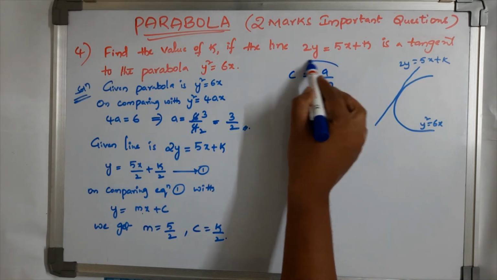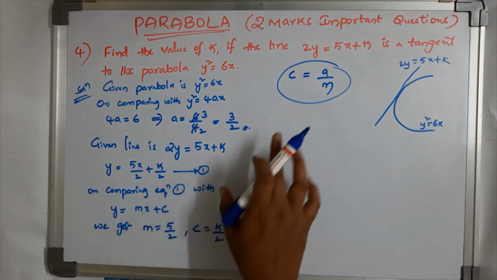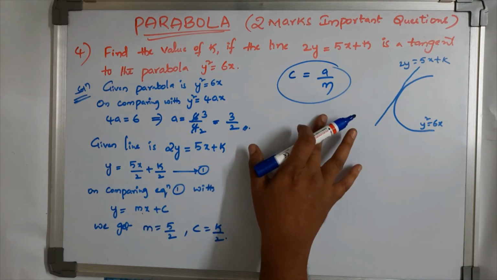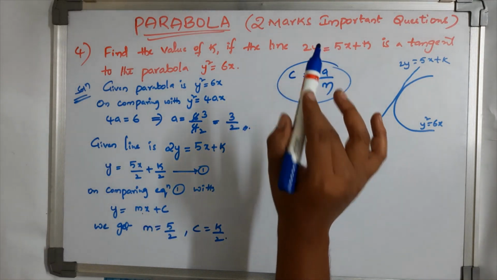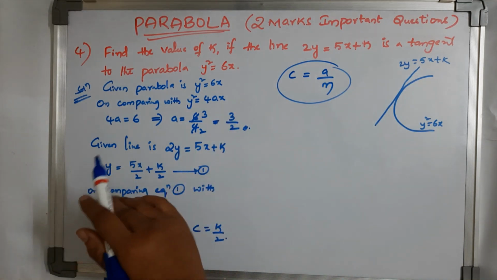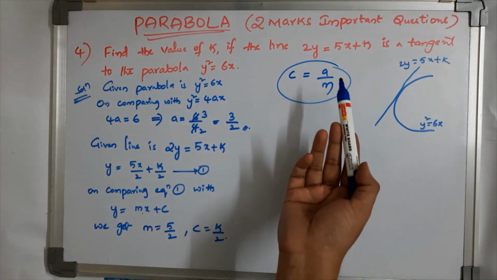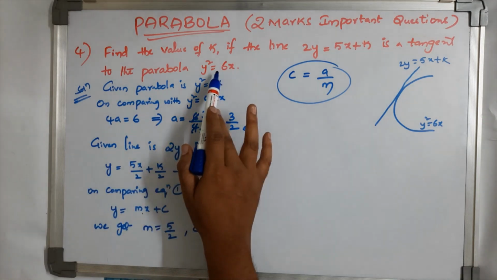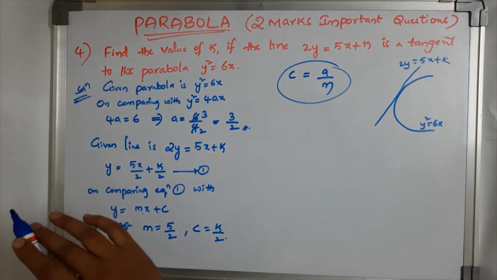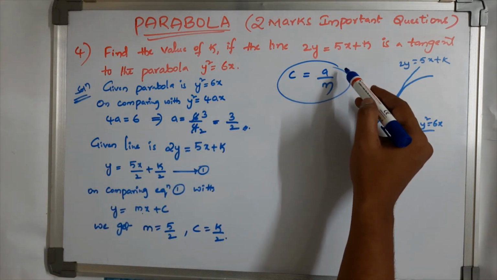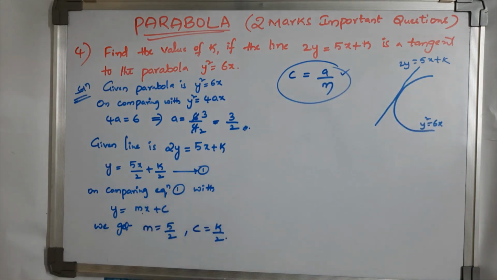It has to satisfy this condition. If it satisfies this condition, the line is a tangent to the parabola. In the question itself, the line is a tangent to the parabola y square is equals to 6x. So we will have to check this condition and find the value of k.